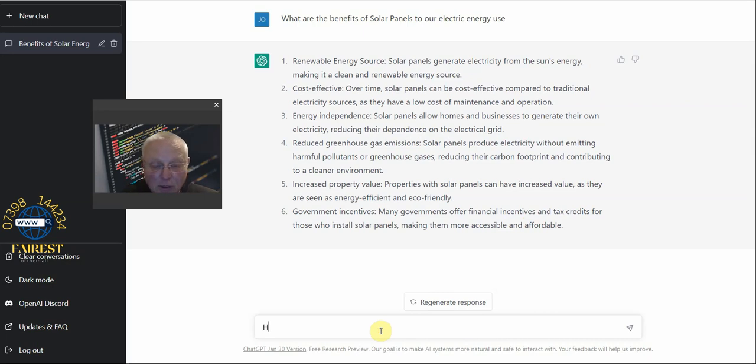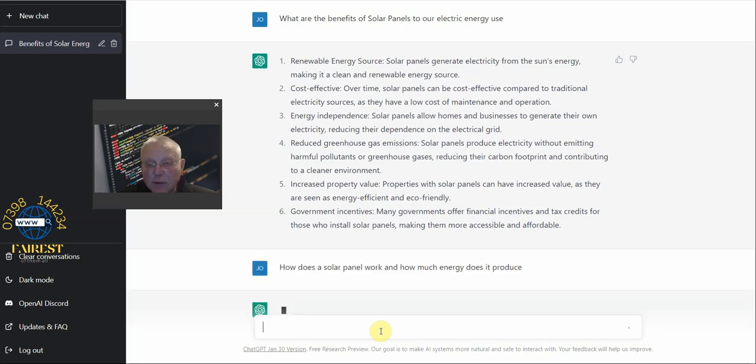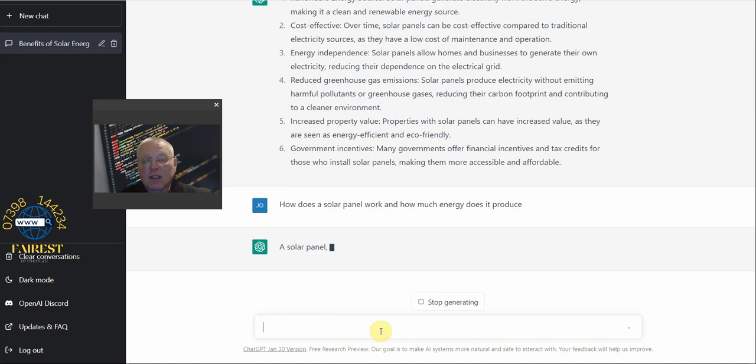So we could as well put here, how does a solar panel work and how much energy does it produce? Again, logical questions to be asking.